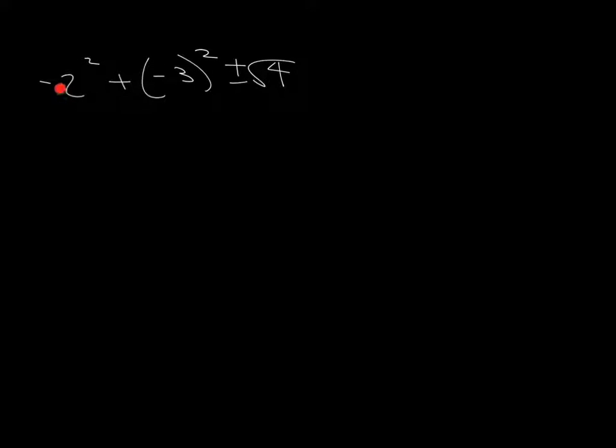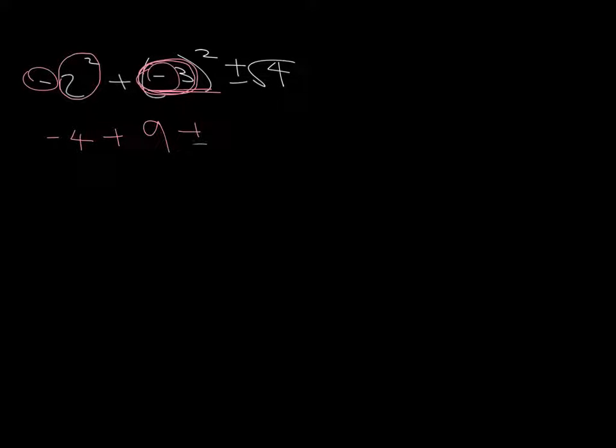If you remember, if I have a number and a negative in front of it, but I don't have parentheses like I do here, we square the number, then we put the negative on it. Okay, now this one is different because the negative is inside the parentheses with the 3. That means it's part of it. Negative 3 times negative 3 is positive 9. So this one's negative because there's no parentheses. This one turns positive because there are.